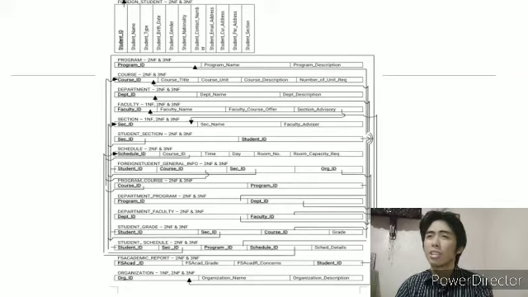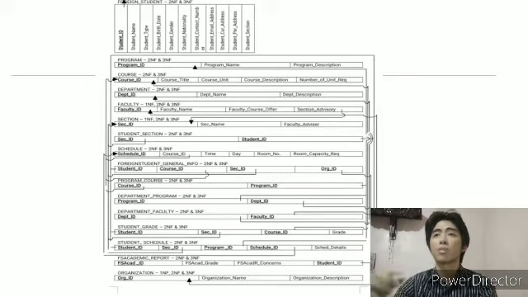Student section ID is a reference to section ID from the student table. In the student section table, org ID is a reference to org ID from the organization table. Next table is the program course. Program ID is a reference to program ID from the program table.